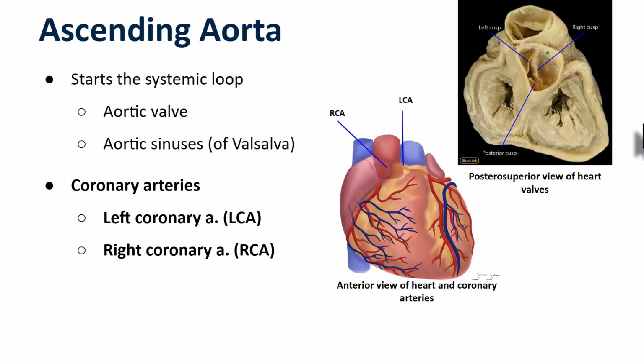We can see a right sinus, a left sinus, and a non-coronary sinus. The right sinus is the origin for the RCA, the right coronary artery, whereas the left sinus is the origin for the left coronary artery. These coronary arteries are the only branches of the ascending aorta.